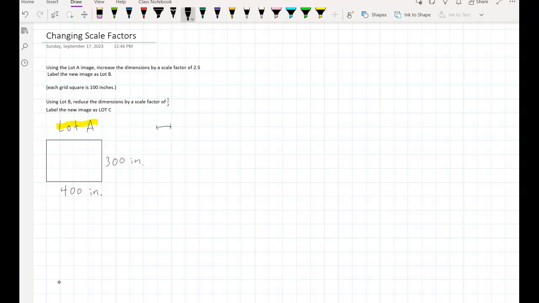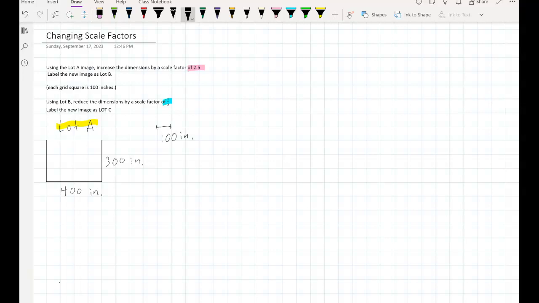And then it says, after creating lot B, using lot B, reduce the dimensions by a scale factor of 1/2, and label that new image as lot C. So the first thing we do is we change lot A to lot B using a scale factor of 2.5, and then we're going to use that and a scale factor of 1/2 to come up with lot C. So let's get started. We've got a lot of math to do.